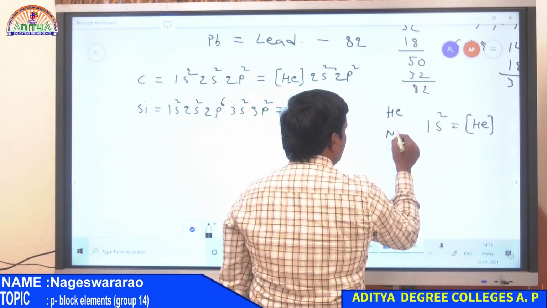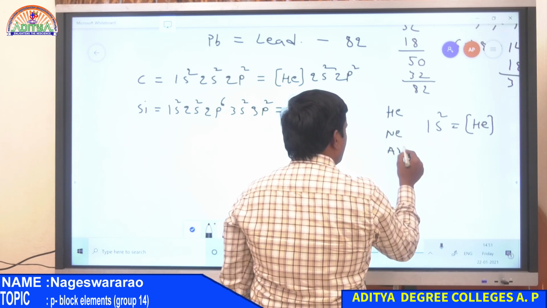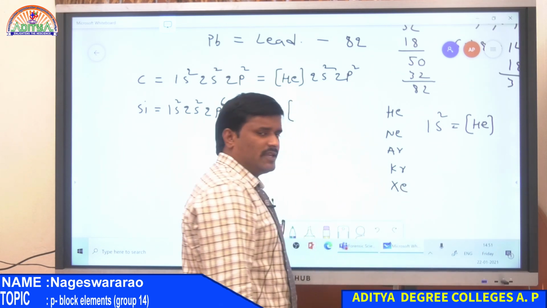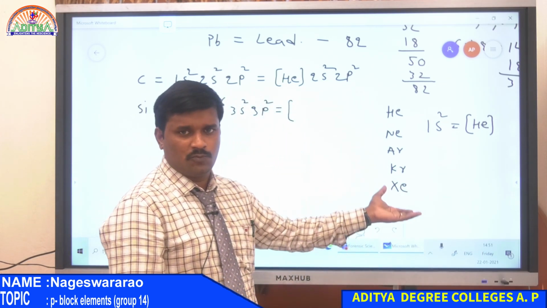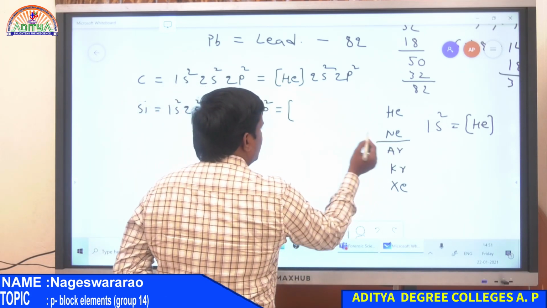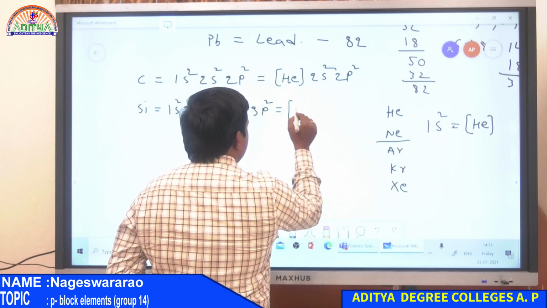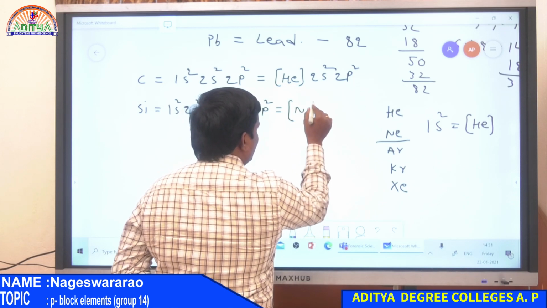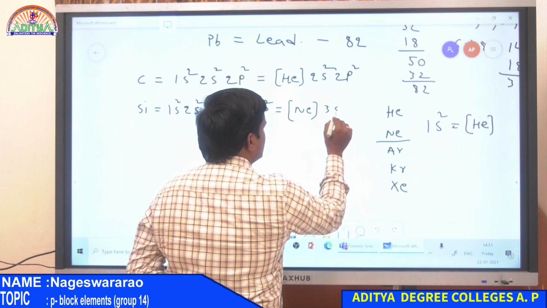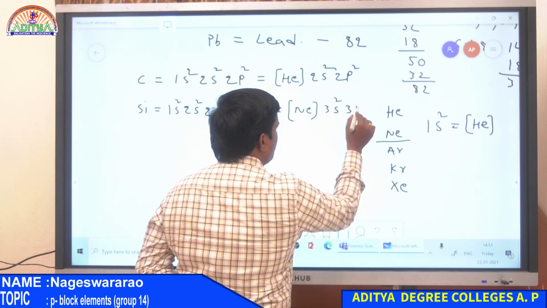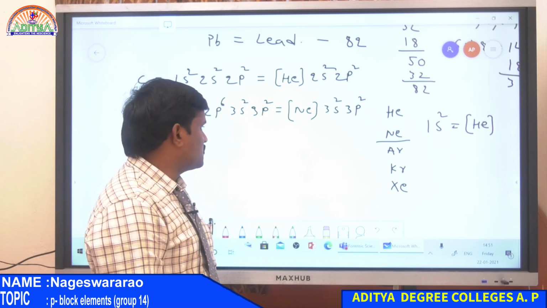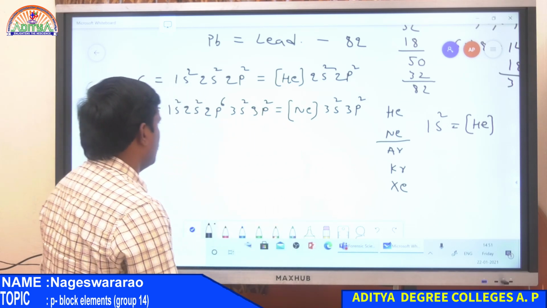Helium, neon, argon, krypton, xenon. These are the noble gases present at the 18th group, that is the last group. For neon it is atomic number 10, therefore it is neon for 10 electrons, and the remaining 4 electrons are 3s2 3p2. So this is the configuration for silicon.